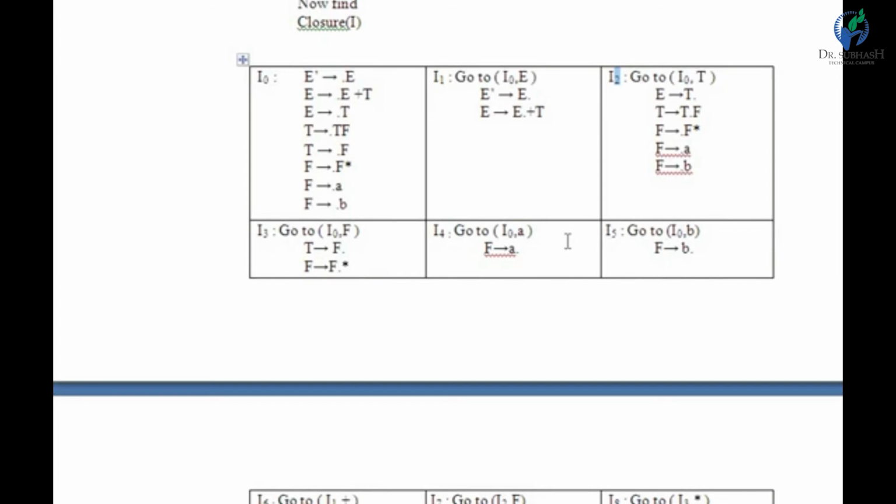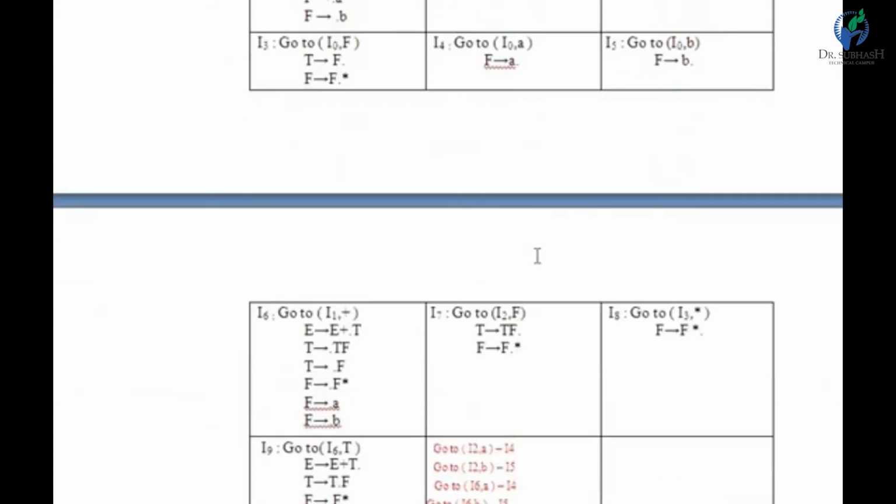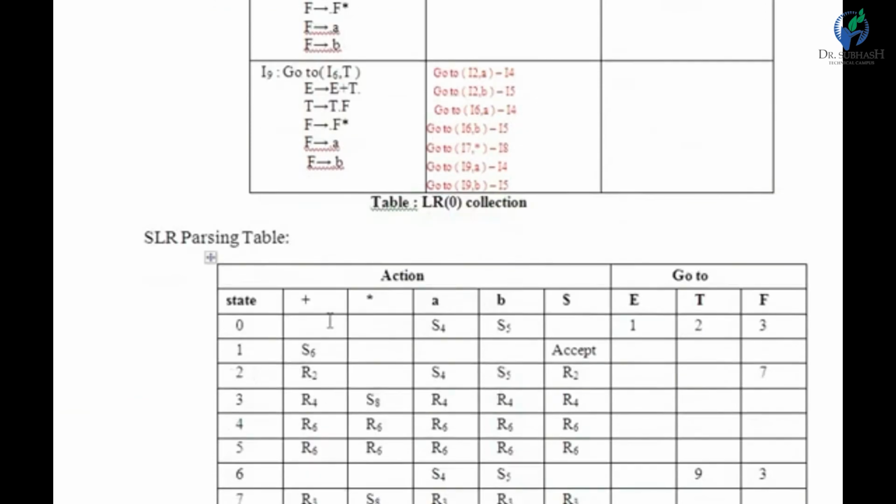Then find the follow of this non-terminal. Follow of E is plus and dollar. So in the second row, write the reduce entry in plus and dollar.